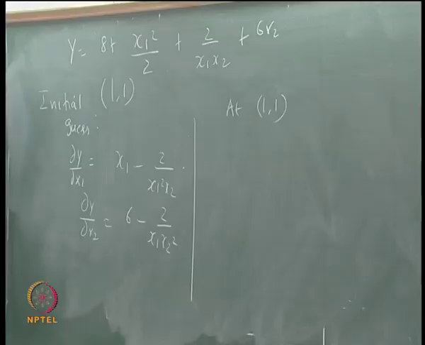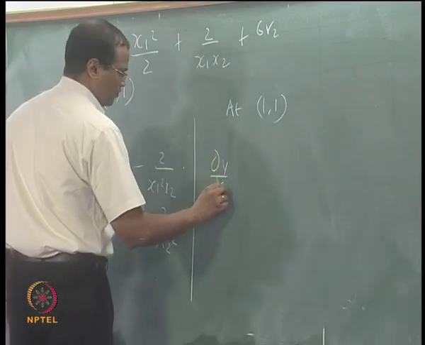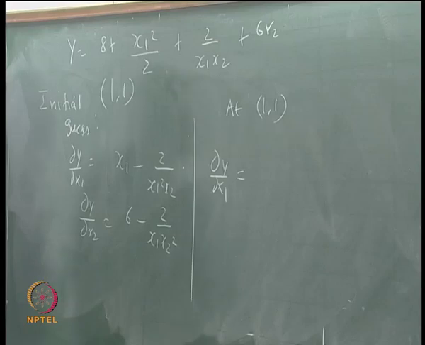At (1, 1), what is the value of dou y by dou x1? Minus 1.